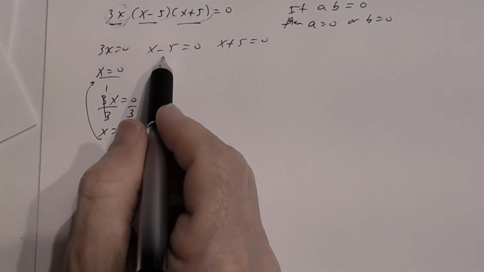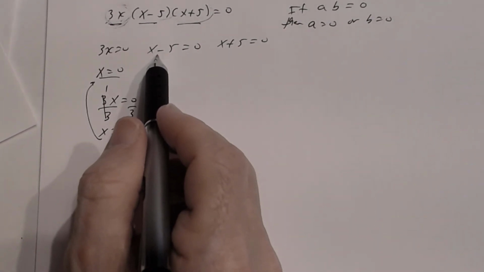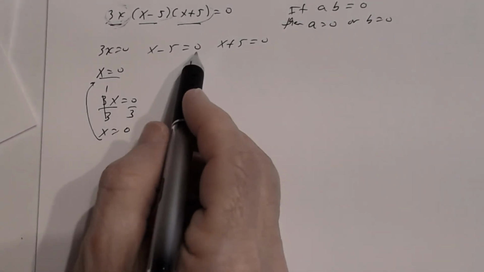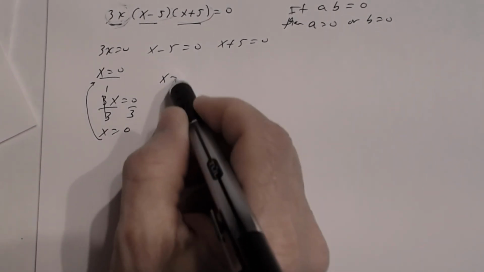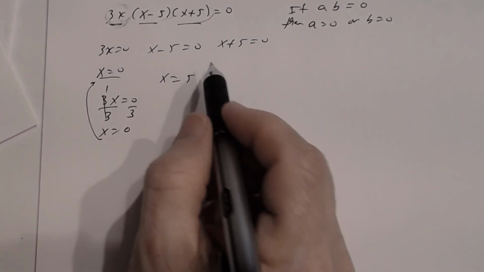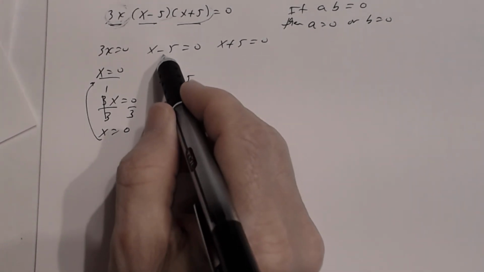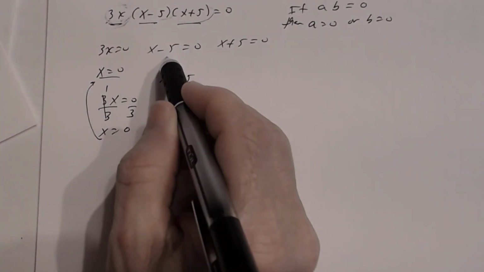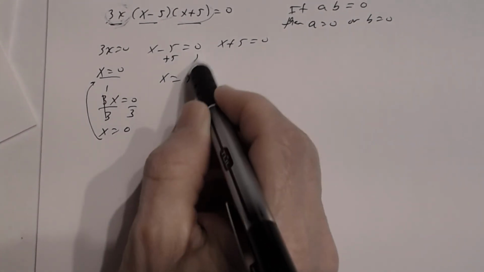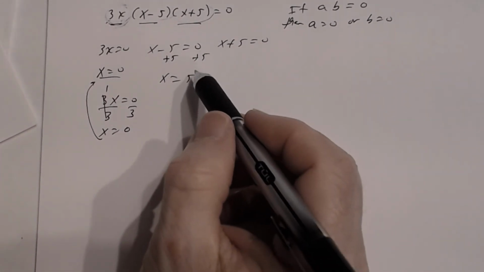Same thing here. You have enough experience to know that if x minus 5 equals 0, then x has to equal 5. For some of you, you may need to notice that I'm subtracting 5, and the opposite of subtracting 5 is to add 5. If you want to do that, you can as well.